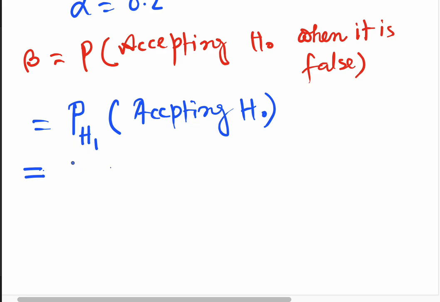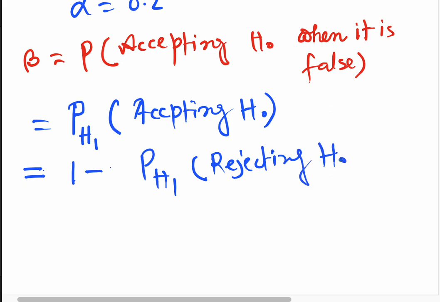Accepting H0 means this is 1 minus probability under H1 of rejecting H0.